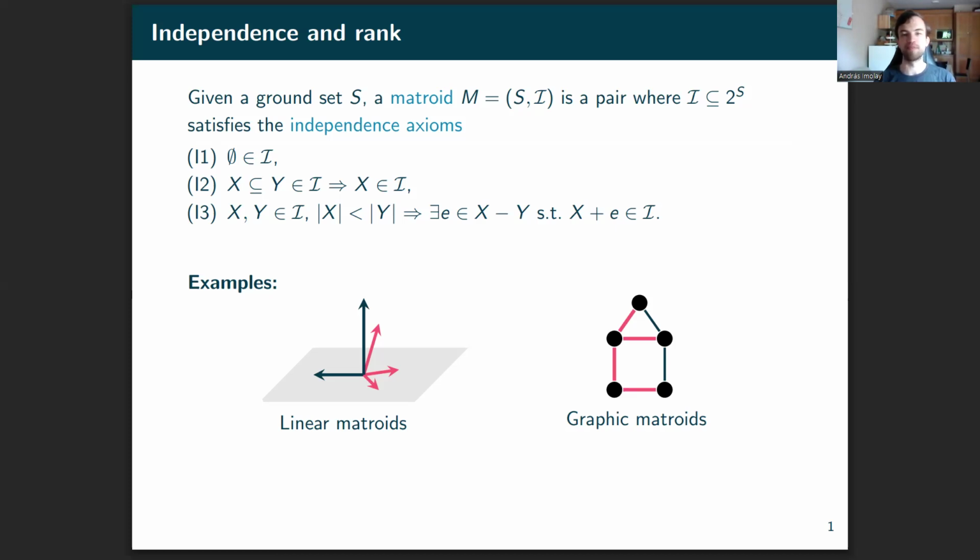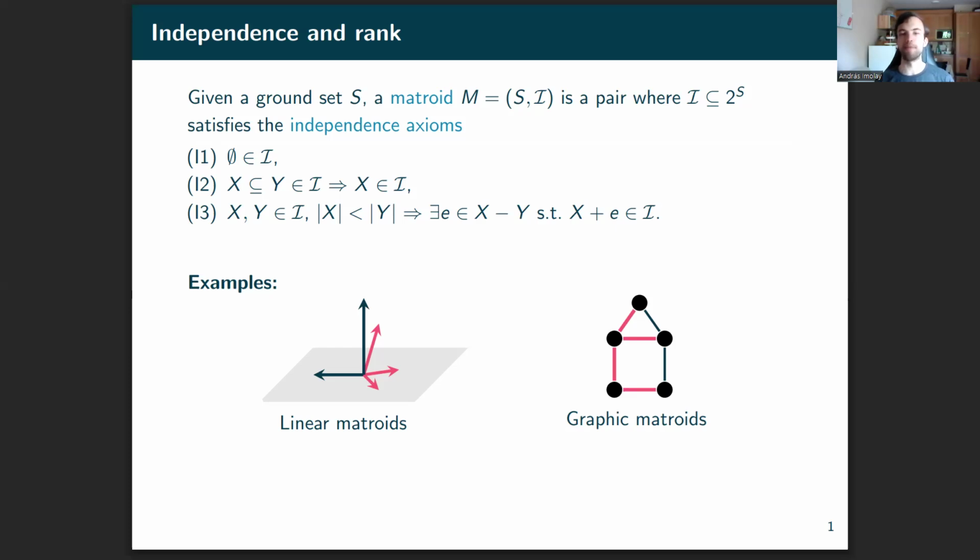Maybe the two most important examples are linear matroids and graphic matroids. A linear matroid is given by a finite set of vectors from a vector space as ground set, and the independent sets are the ones that are independent in the linear algebraic sense.